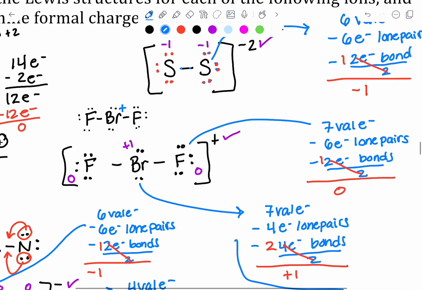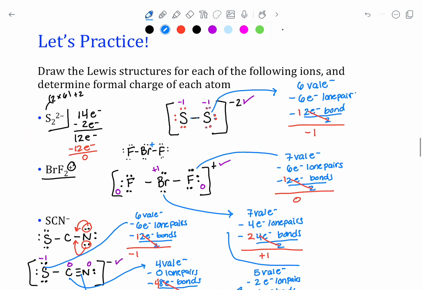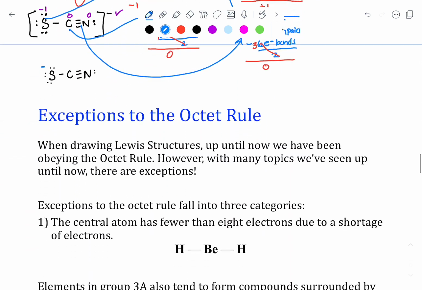And for the sulfurs, they would just go on each sulfur. Okay, so when you're working on your ALEKS homework and it tells you to draw Lewis structures and reminds you to account for formal charge, it wants the charge on the specific atoms that have formal charges. Okay, so let's move on.